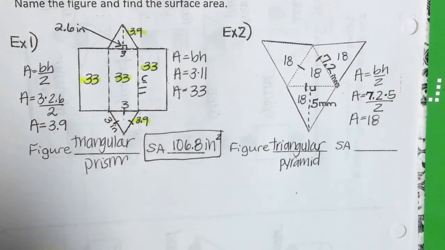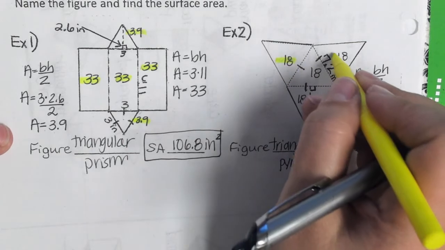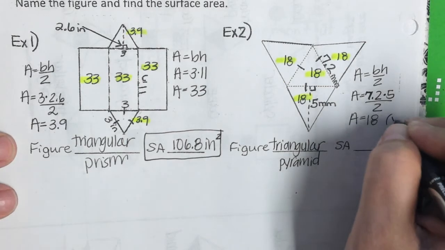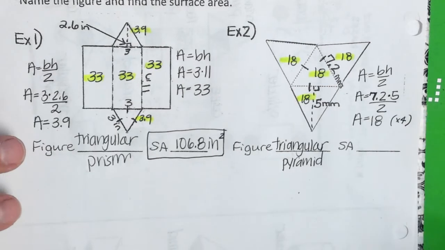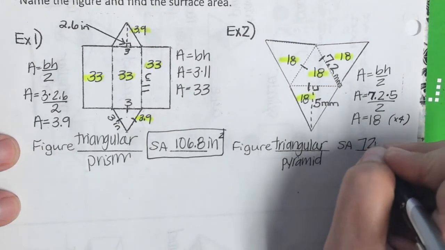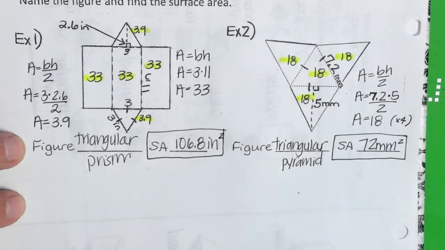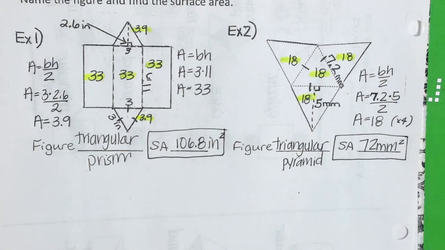You don't have to do this, but I do like to go back in the shapes and write what the area is. And since I know there's 4 of them, I'm going to multiply that by 4. 72. Very good. And that's millimeters squared. See, this is not so bad. Believe it or not, it's not hard.